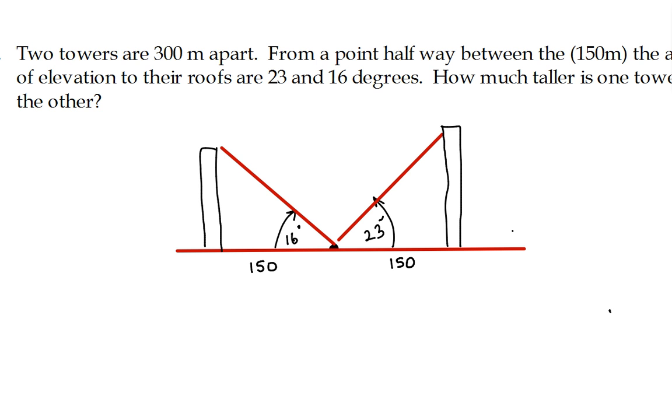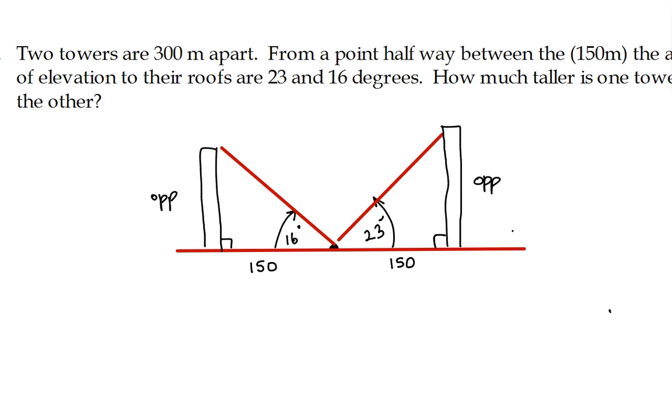So very similar to the last question in the sense that you don't even care about the hypotenuse. This one's up, this one's up. The 150 on either side is adjacent to those angles. The right angle's down in this corner. And you don't really care about the hypotenuse. The line of sight isn't too important to us. It's about the x and the y, the over and the up.